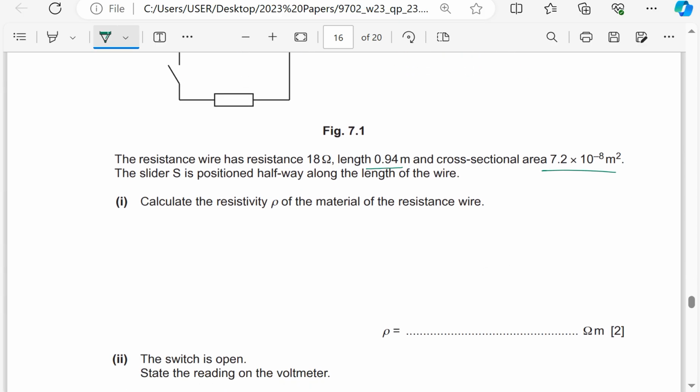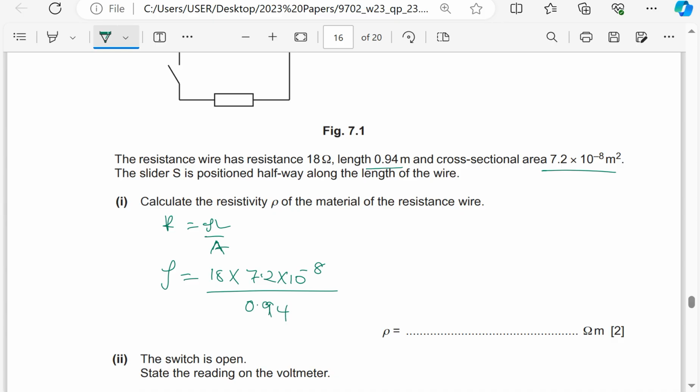Then calculate the resistivity. So we know that resistance is equal to rho L divided by cross-sectional area. So resistivity is going to be equal to, I make rho the subject, so it is resistance, which is 18 ohms, times cross-sectional area, 7.2 times 10 to the power minus 8, divided by L. What is the length? It is 0.94.